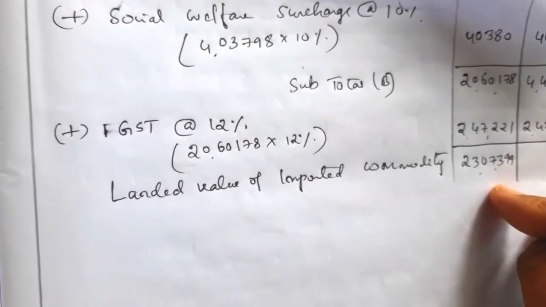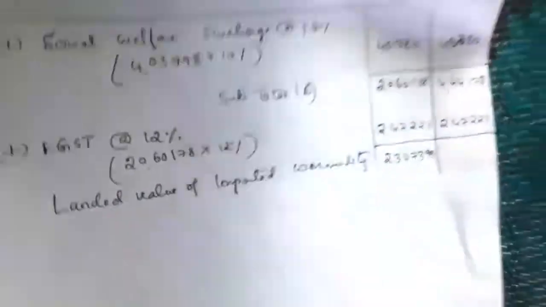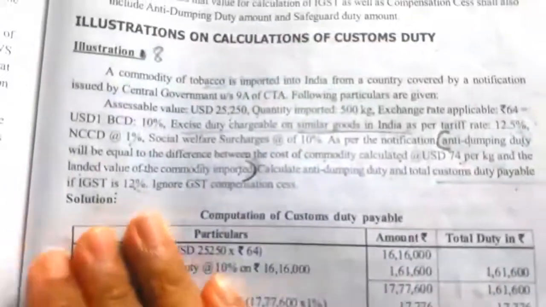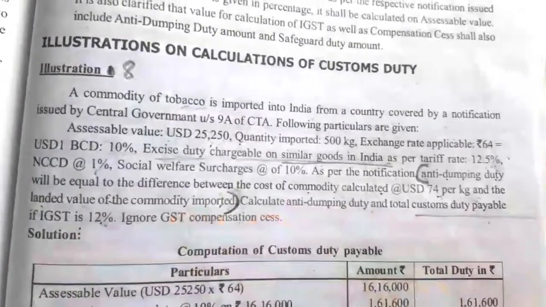So now we have to calculate the anti-dumping duty on this value. They have given the anti-dumping duty details.